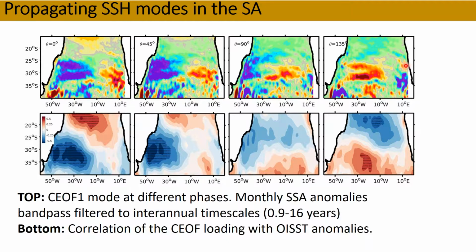So as this mode propagates, the anomalies of SST propagate. There's a propagation not only along the mode, but actually around it, for example from south and then back to north. And I'm going to explain the mechanism.